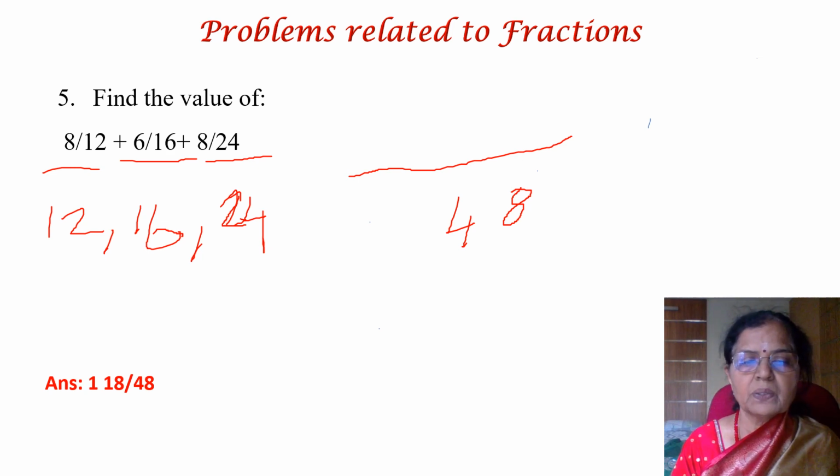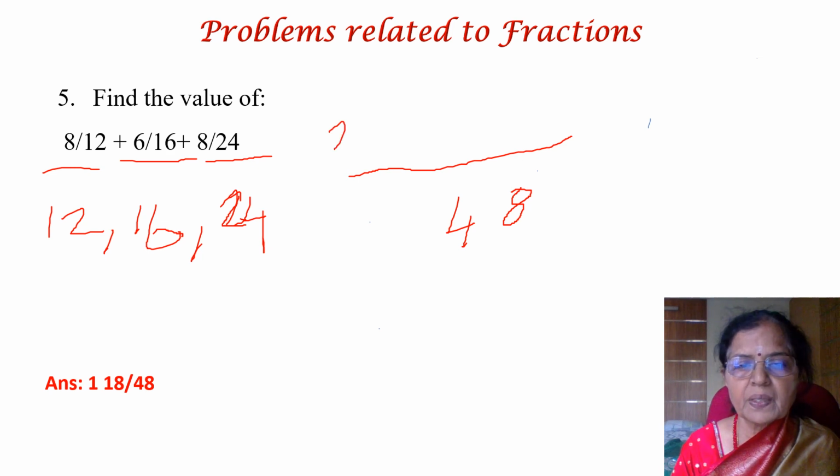And divide it by the denominator 12. How many times does 12 make 48? 4 times. 4 into 8, 32, plus 48 divided by 16, 3 times.